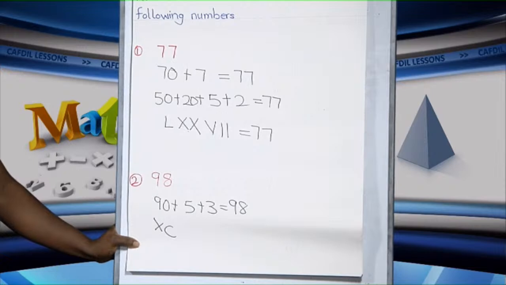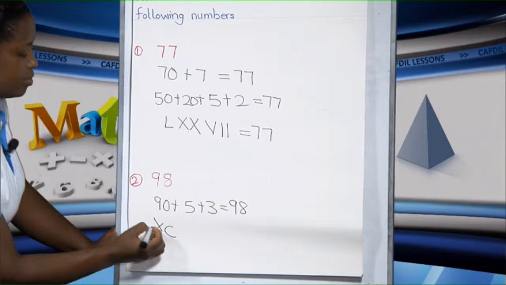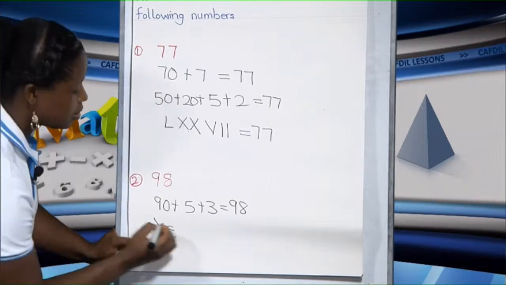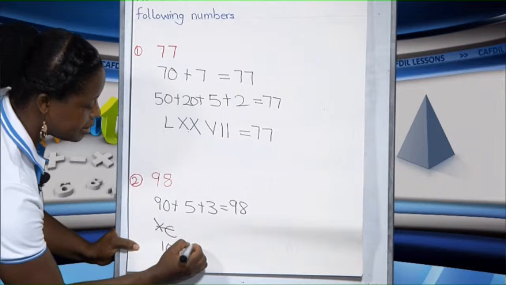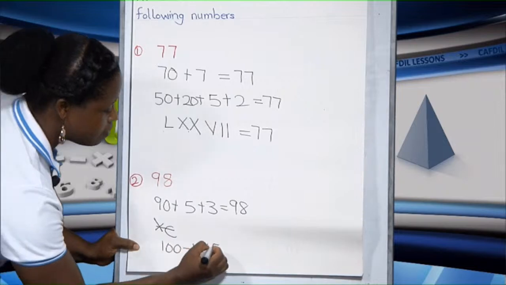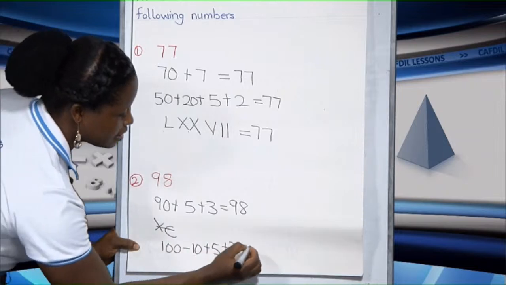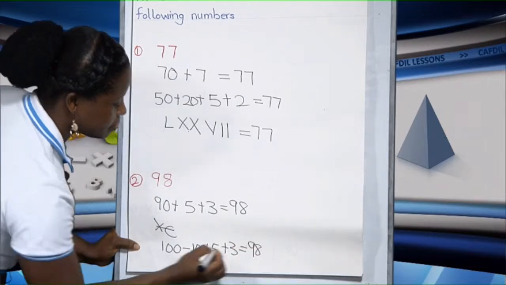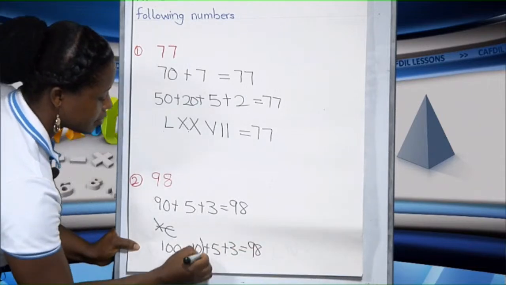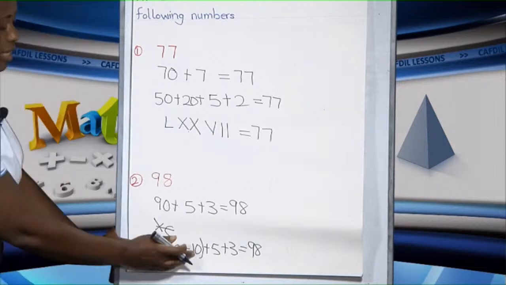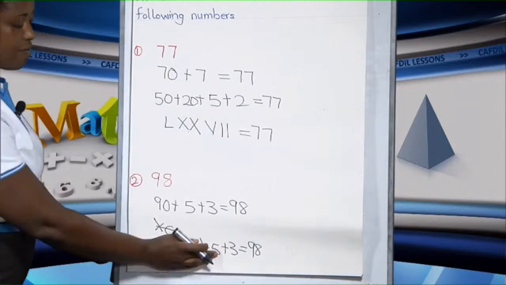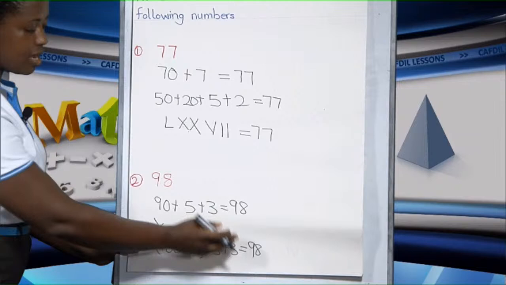So this 90, let's cancel this and write it as 100 minus 10, plus 5 plus 3, will give us 98. 100 minus 10 is 90, plus 5 is 95, plus 3 is 98.